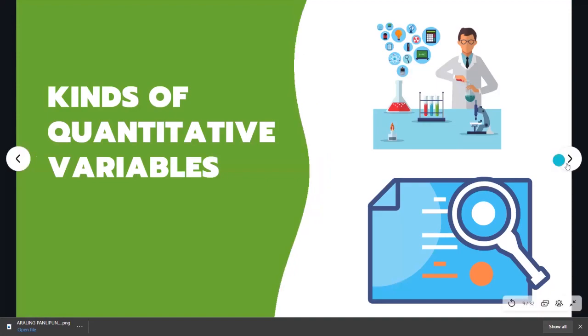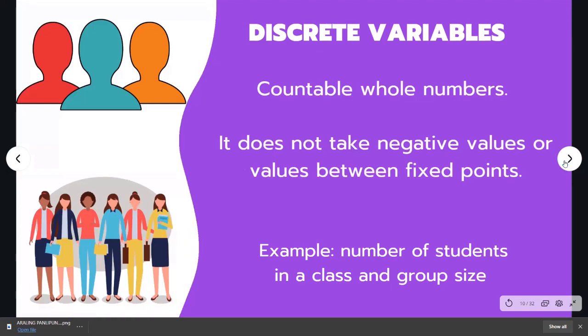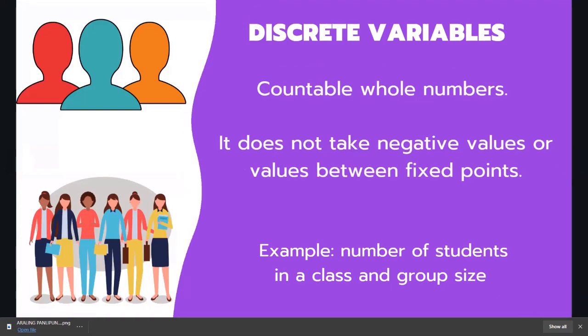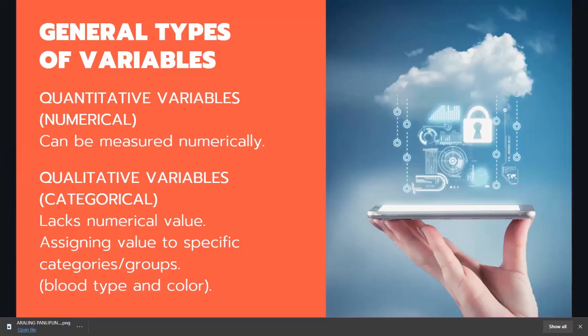So let us study the kinds of quantitative variables or the numeric classification of variables. As we all know, the numeric classification of variables are variables with values that describe a measurable numerical quantity. So variables can be classified as numeric or quantitative and categorical or qualitative.